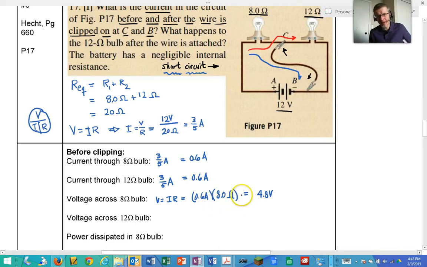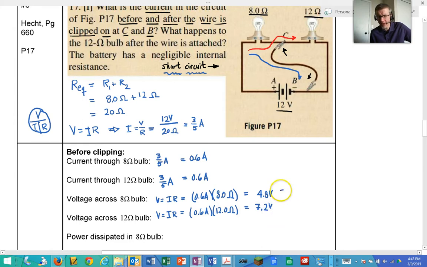Now, I know that the rest of the voltage better add up to 12, but let's just walk through it. The voltage through the 12 ohm bulb is current times resistance, so that's going to be 0.6 amps times 12.0 ohms. And so that's going to be, I think, 7.2 volts.